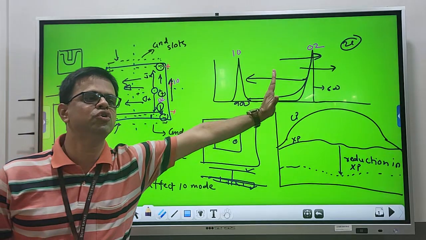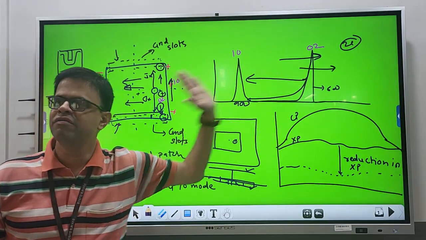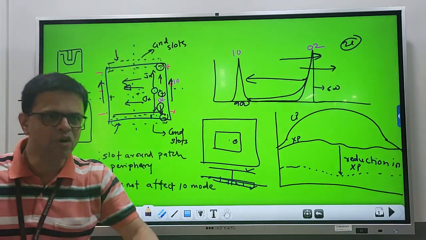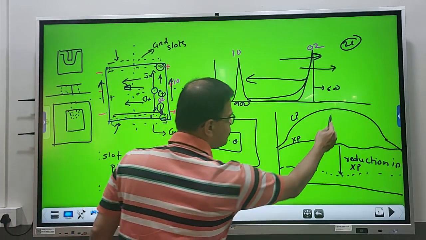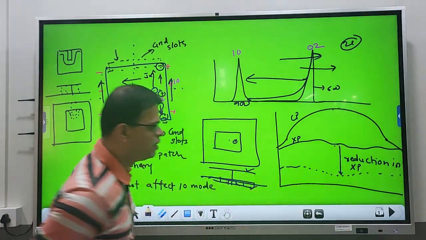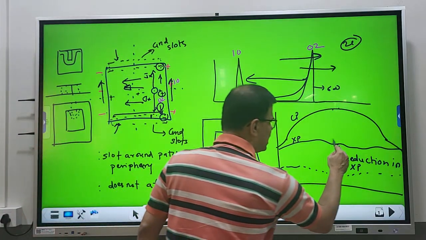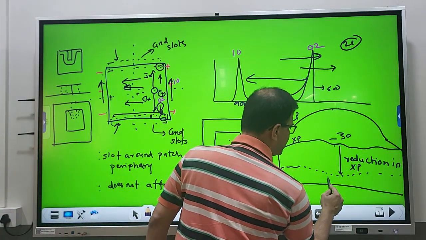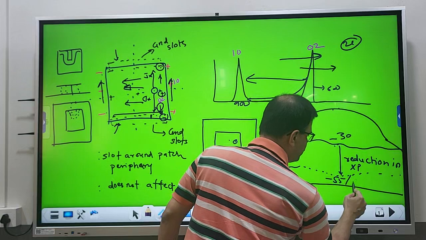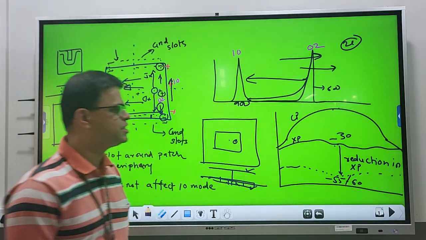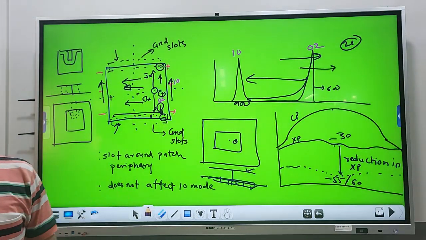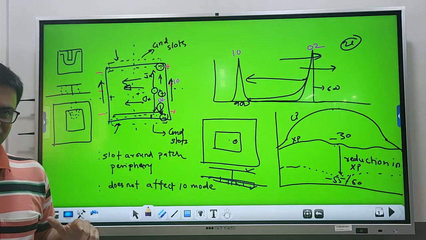So that mode is also driven away with respect to the fundamental mode frequency. That contribution is reduced. So if this is the copolar and cross-polar level for a rectangular microstrip antenna, and the cross-polar level is minus 30 dB, with this kind of technique you can achieve minus 55 to minus 60 dB cross-polar level using these defects on the ground plane.